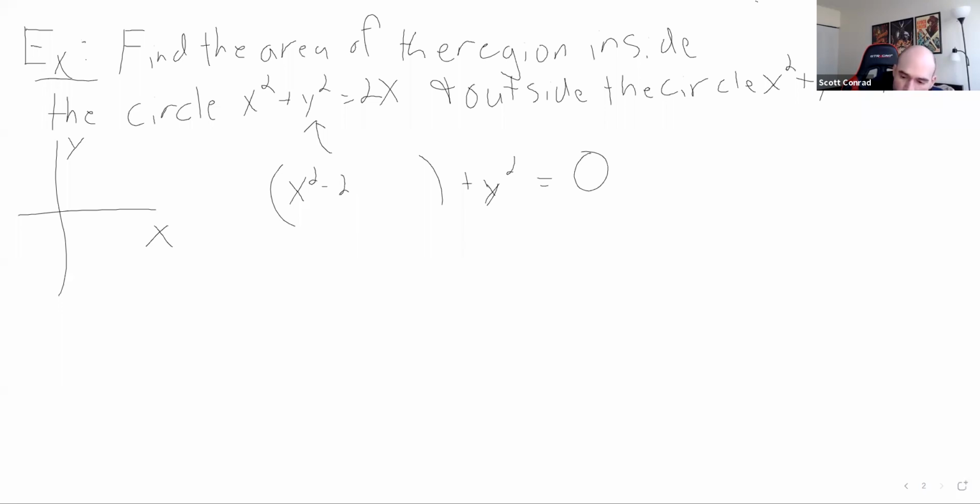I need to add 1, and I need to add 1 to the other side as well to keep the equation. What you do to one side, you have to do to the other side. And that, of course, is x minus 1 quantity squared plus y squared equals 1.